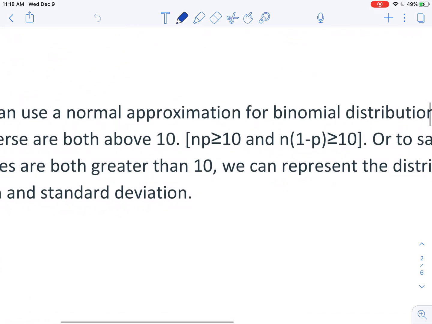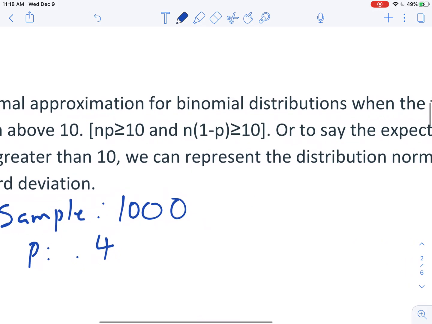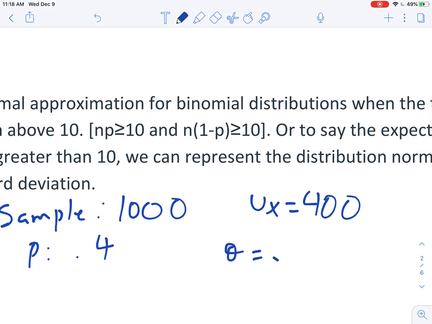Let's just say that we've got a sample of 1,000. We've got a probability of 0.4. That means our mean is 400. Your standard deviation would be the square root of 1,000 times 0.4 times 0.6.